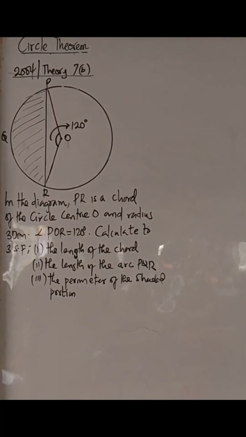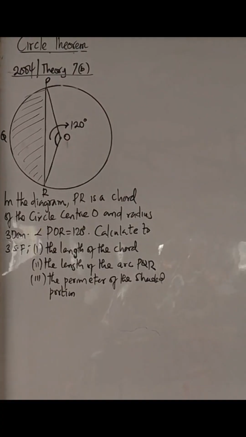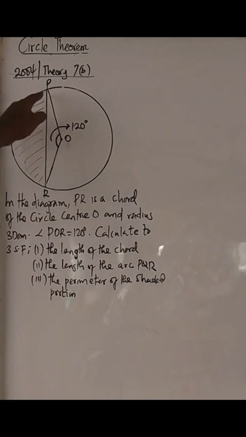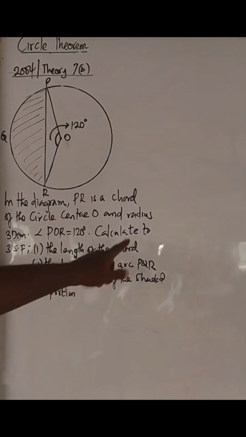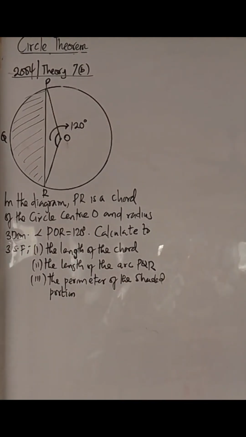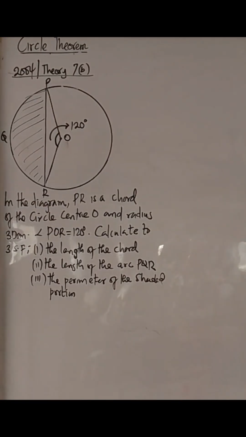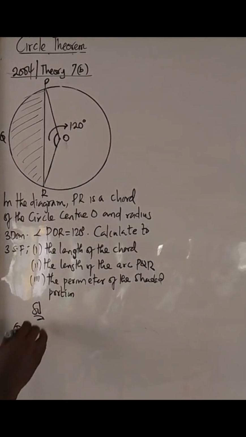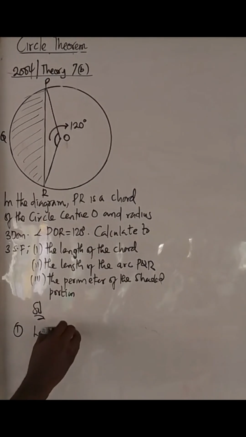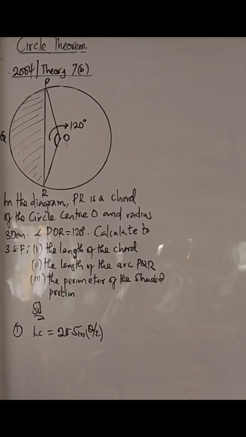So in this question, theory number 7b, 2004. In the diagram, PR is a chord of the circle center O and radius 30 centimeters. Angle POR, this angle here, is 120 degrees. Calculate to 3 SF, 1, the length of the chord. The length of the chord of a circle is 2R sine theta over 2. Very direct.